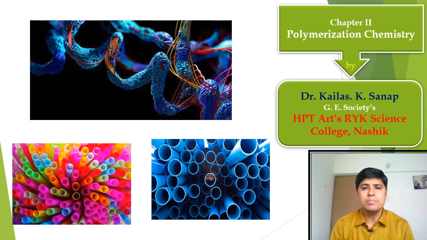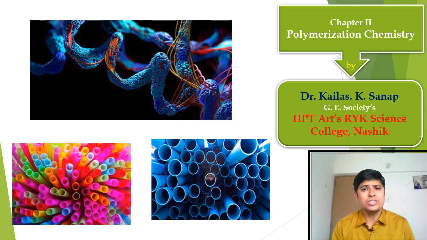In class number 2, we have seen free radical polymerization. Before that, we have seen addition polymerization is categorized into three types: free radical polymerization, ionic polymerization, and coordination polymerization. In the last lecture, we have seen free radical polymerization in detail.